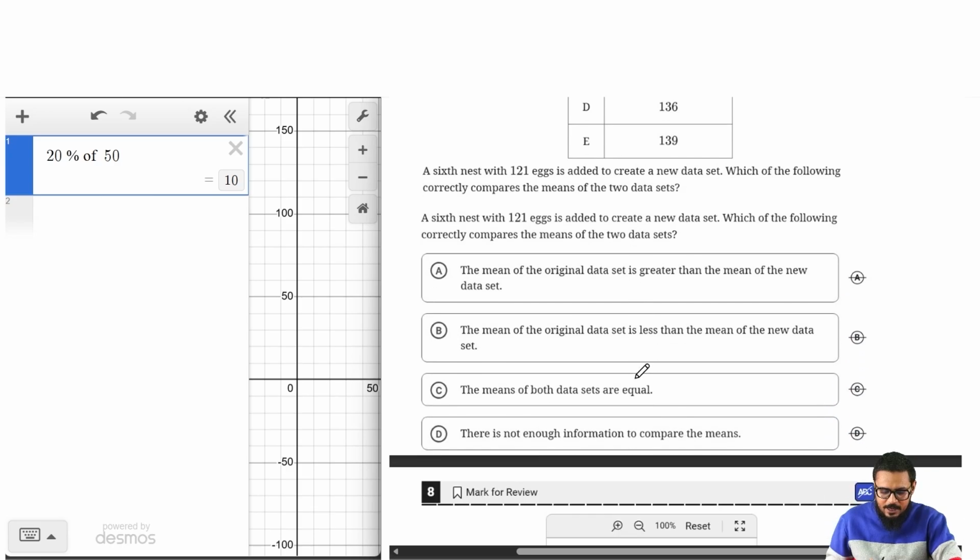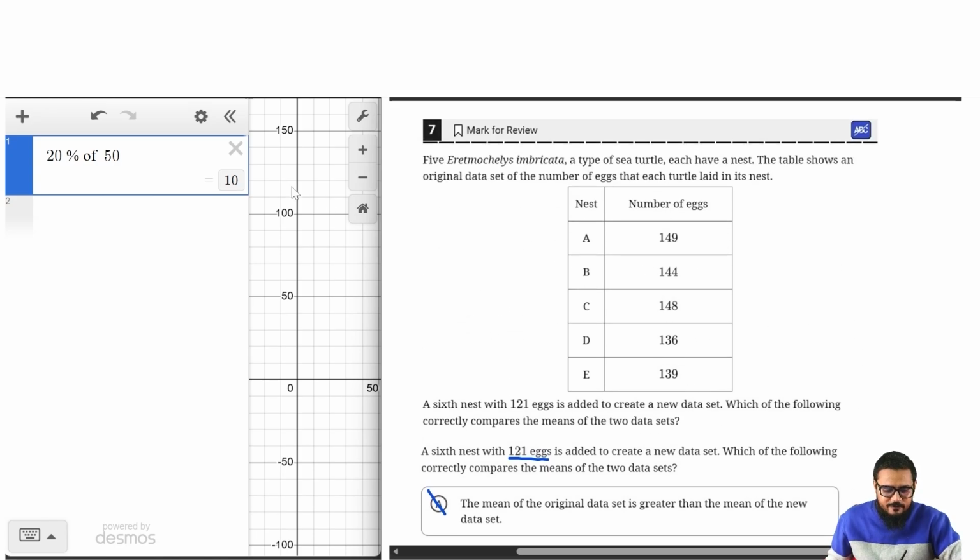The mean of the original data has to be more than the mean of the new data set. The new data set is the set created after adding the number 121. So I'm going to go with answer option A, because this new number 121 is lesser than all of the previous values in the set. So obviously the mean would go lower once 121 gets added into the data.